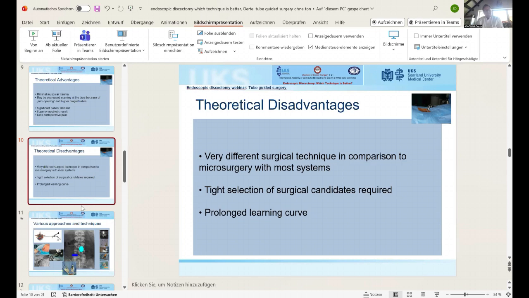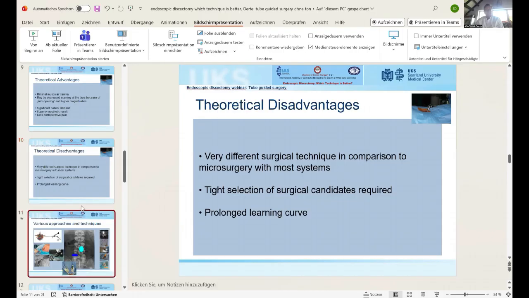This is, even if you extend your indications, still the case. I think the most significant limit is the transforaminal approach. And then you have, of course, a prolonged learning curve depending on the technique. It's not only that you have to master the technique. I think the most difficult thing is to make the ideal case selection and then to select the procedure individually, case by case, and choose from your armamentarium.